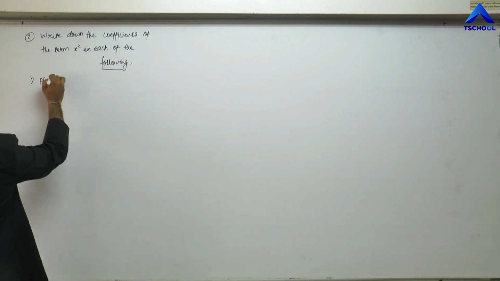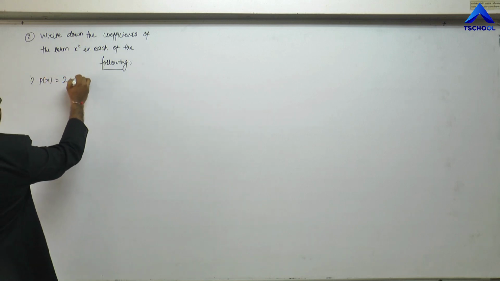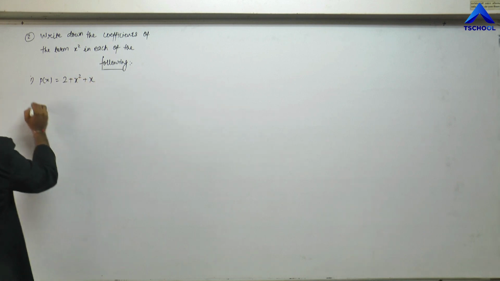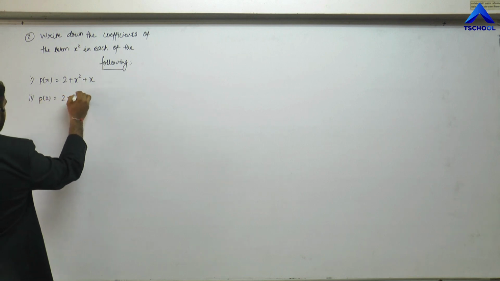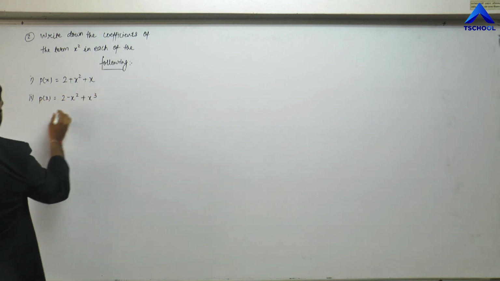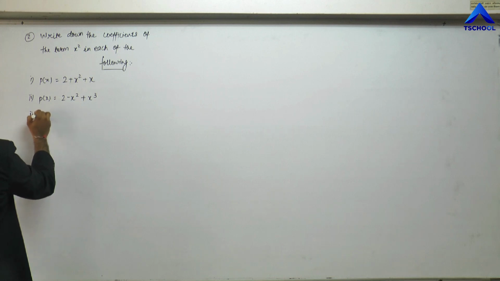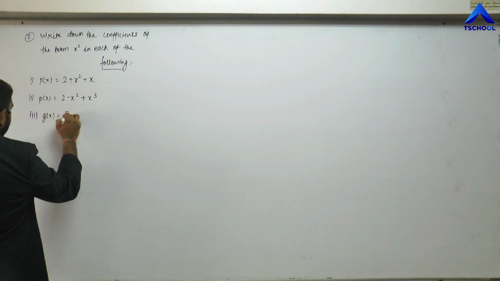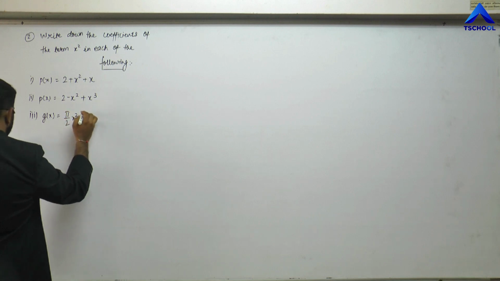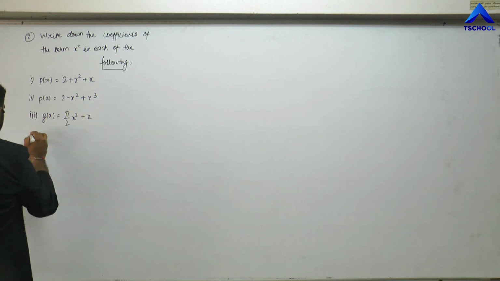The first one is p of x is equal to 2 plus x square plus x. The second one is p of x is equal to 2 minus x square plus x cube. The third one is g of x is equal to pi by 2 x square plus x.